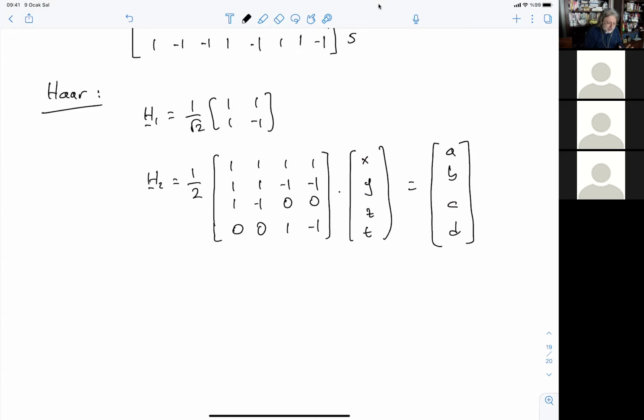But at the same time, it's doing some kind of a frequency or sequency concept as well. First of all, the sequency of this one, or the frequency of this one, is 0. And the sequency of this one is 1, like 1, 1 and -1, -1. So it has 1 up and 1 down.